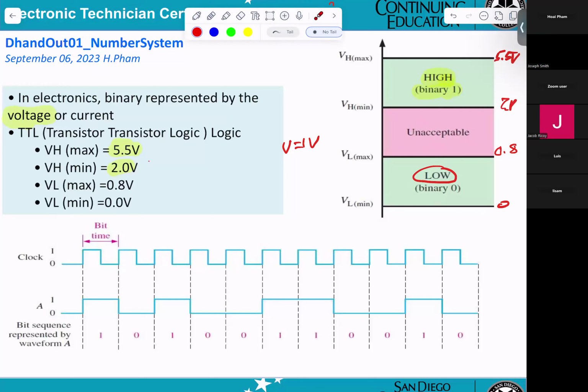Okay, now you see the signal here. They go 0, 1, 0, 1, keep going. Okay, that's what normally they call a clock. Okay, from 0 here up to here, that will be a bit time.